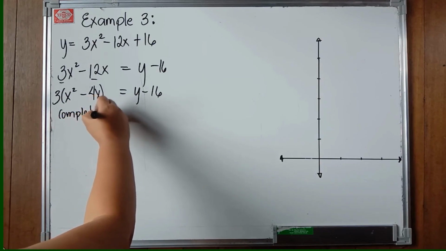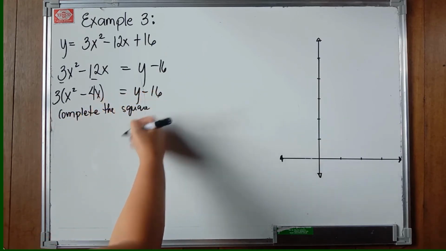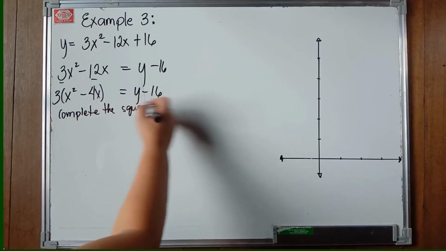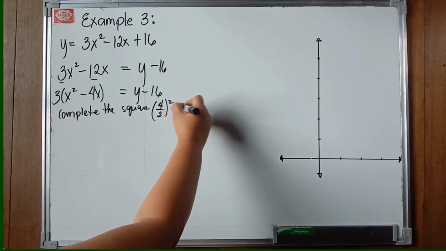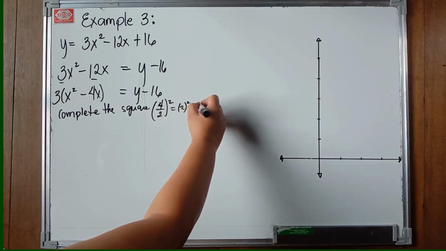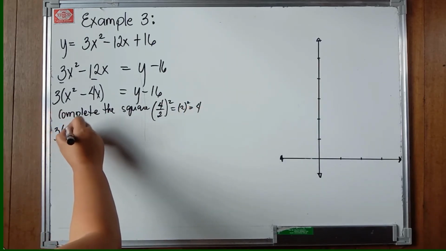Now, let's complete the square para maging perfect square trinomial siya. So, for us to complete the square, let's take the 4, or the middle term, divide it by 2 and square it. So, we have 4.